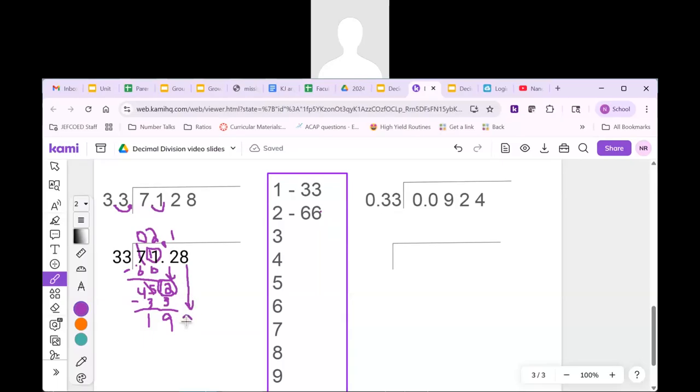Bring down the 8. Ooh, that's big, right? So I'm going to think about 200. Well, if I multiply by 10, what is 33 times 10? That would be 330. That's well over 200. So I'm going to try 330.